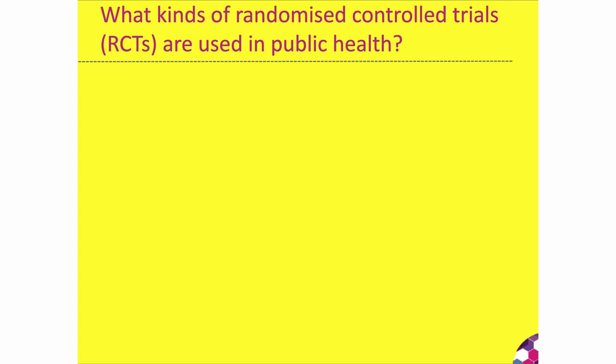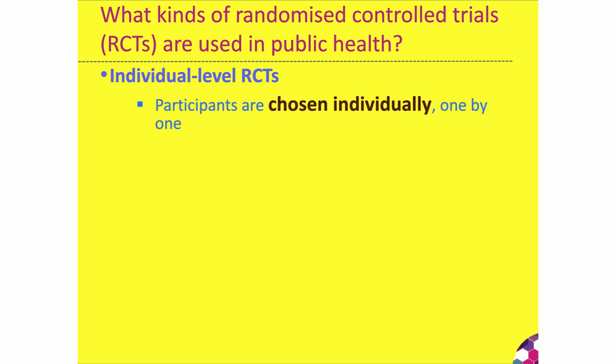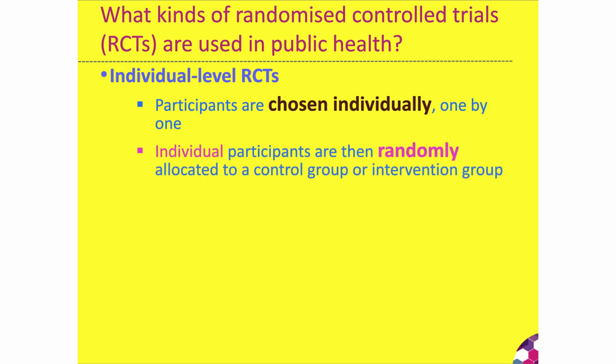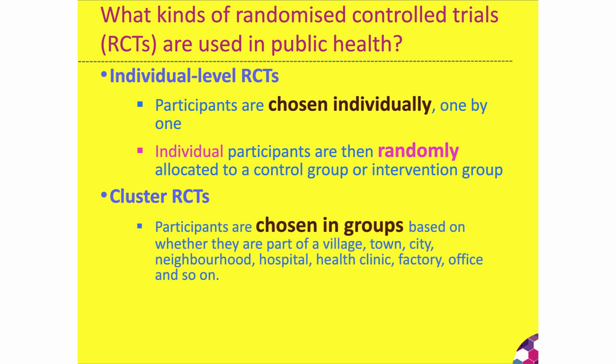So what kinds of randomized controlled trials are used in public health? Well, we have two broad types: individual level RCTs, where participants are chosen individually one by one and then randomized one by one into a control group or an intervention group, and cluster randomized controlled trials or community trials, where participants are chosen in groups based on whether they are part of a village, town, city, neighborhood, hospital, outpatients, health clinic, factory or office.